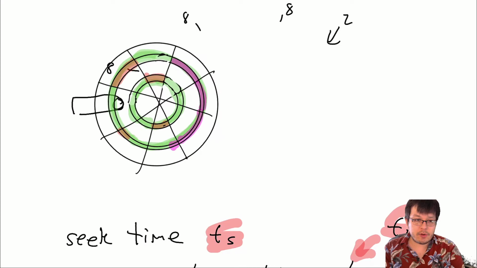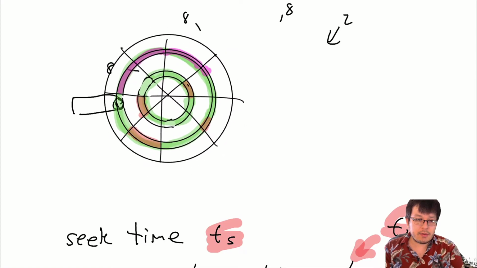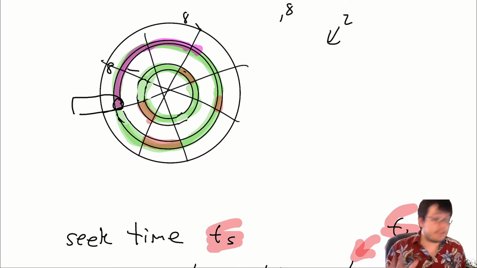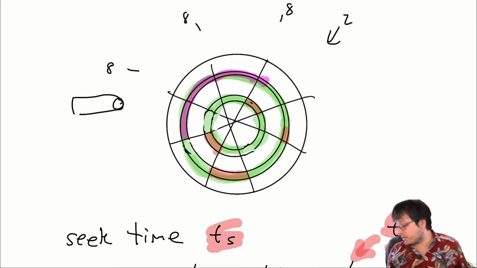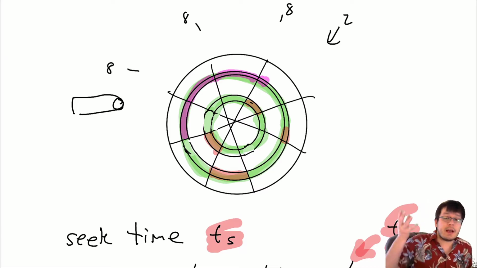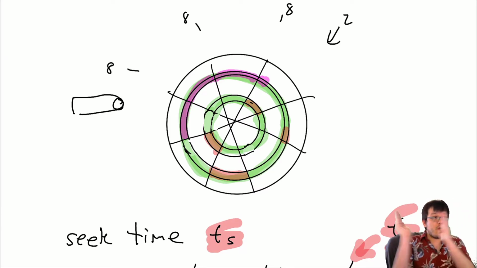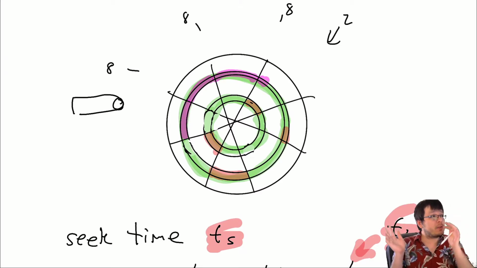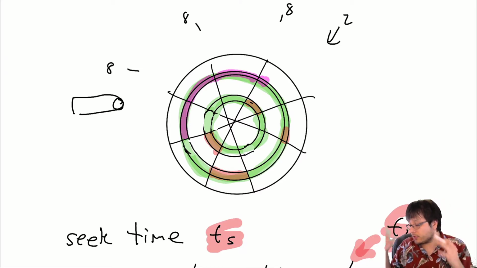The waiting time for us to actually spin the track, or at least wait for this to line up there, that is going to be your lag, your latency time. So that's rotational latency. We have to wait for the spinning to line up to the right sector. So the moving of the head to the right track is your seek time. And then us waiting for the disc to spin to the right spot is the rotational latency.